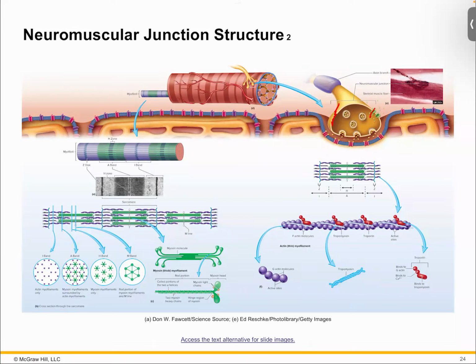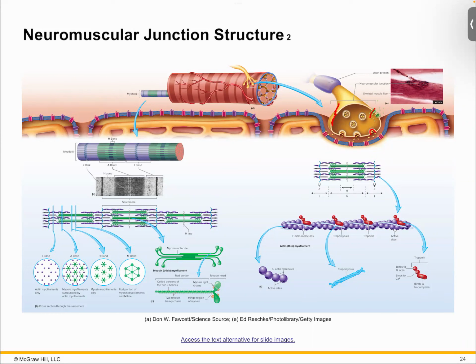This is going to release calcium into the neural synapse, the synaptic area, the presynaptic terminus of the cell. That calcium is then going to stimulate these little vesicles full of acetylcholine to merge with the membrane and release the acetylcholine.